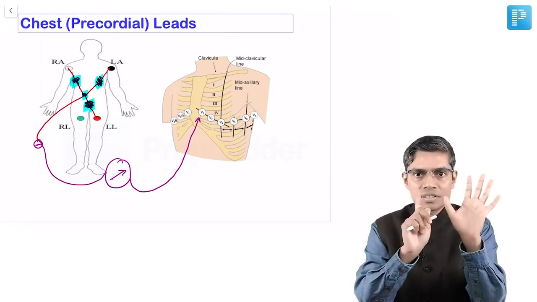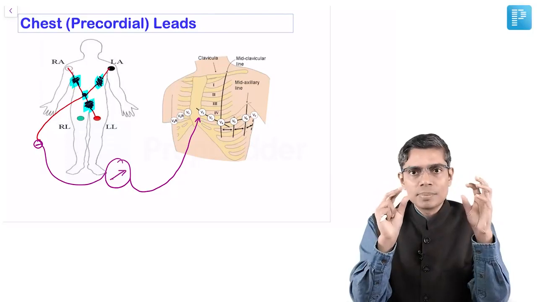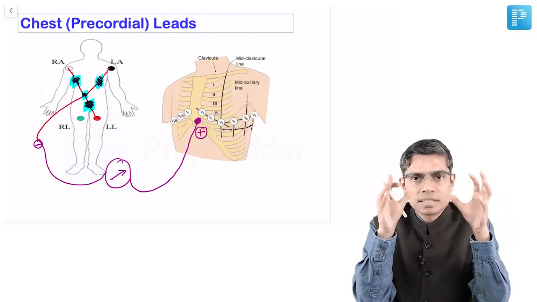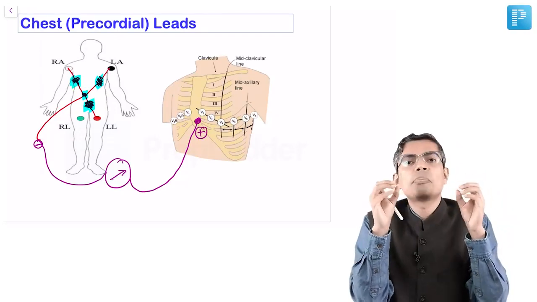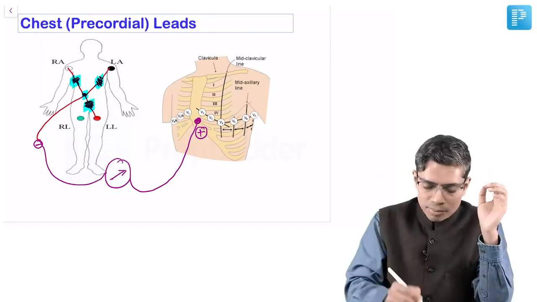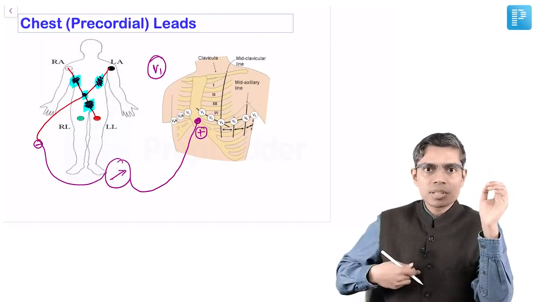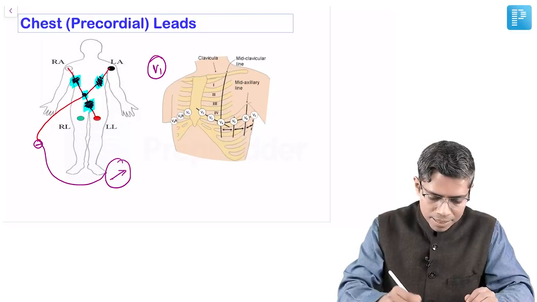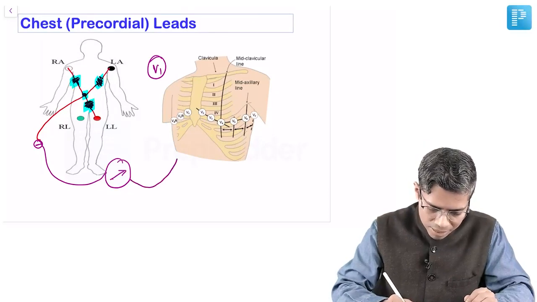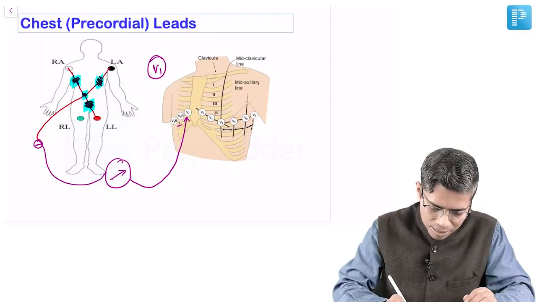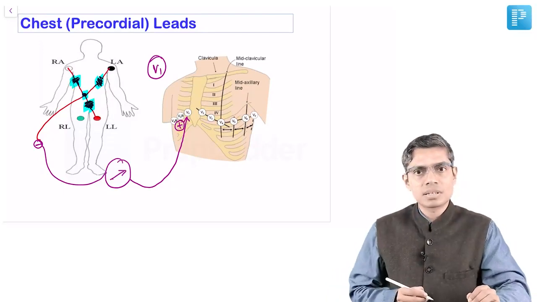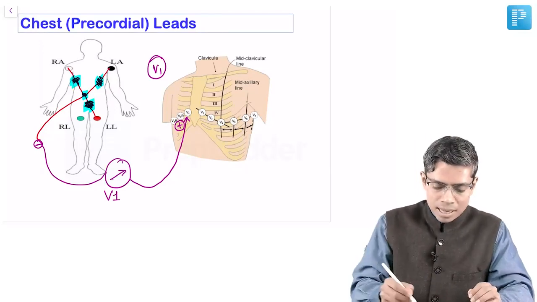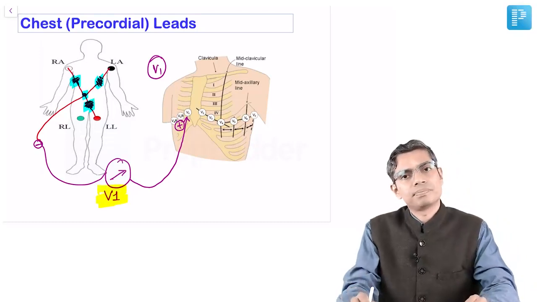Now we all know that there are 6 chest leads, V1 to V6. For V1 you have to connect this active electrode, the positive end of the voltmeter, to a particular position. The position for V1 we all know: the right side of the sternum, 4th intercostal space. Whatever voltage is recorded by the voltmeter there will be known as the V1 voltage.